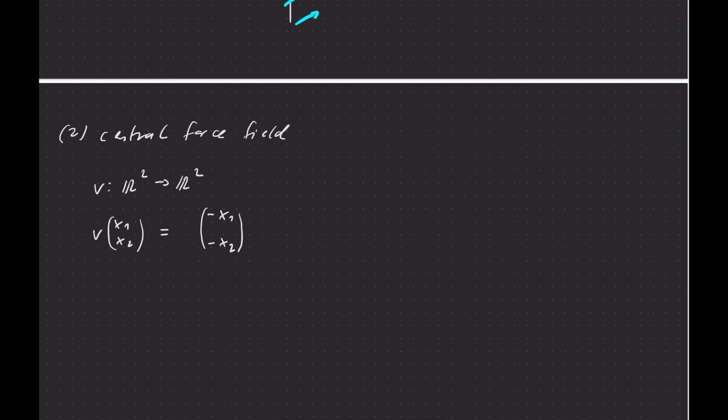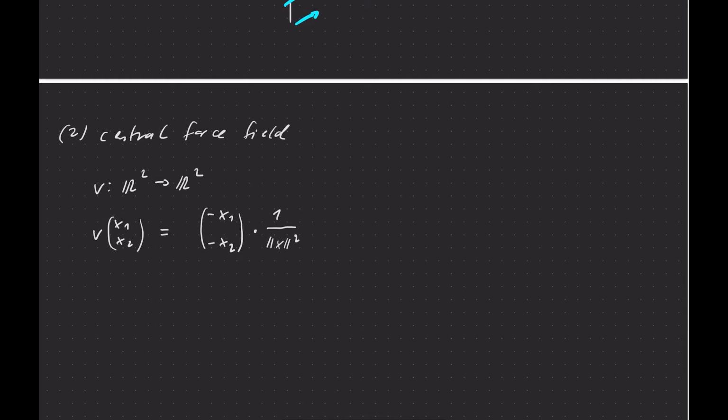And then we also want to modify the length a little, and let's say we have a force that gets weaker and weaker as we move away from the origin. So, for example, we could have a force that decreases with the square of the distance from the origin. So that would be something like times 1 over the norm of x squared.